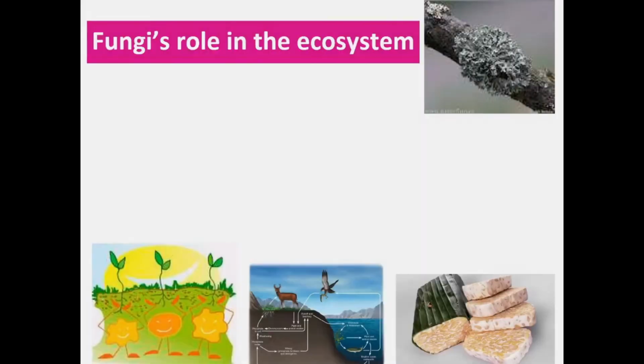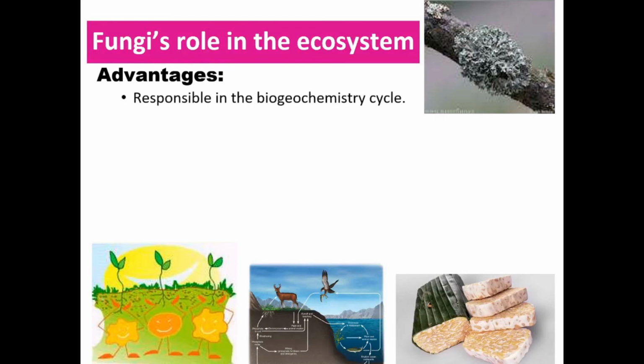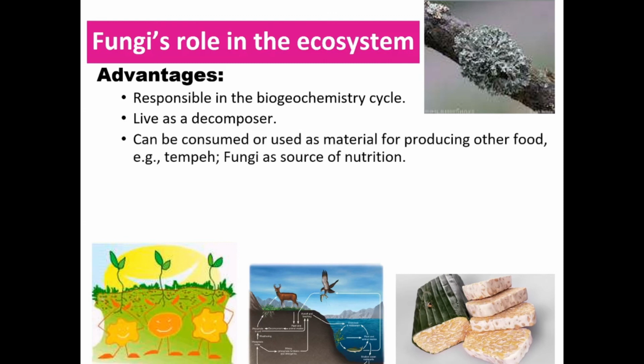Fungi have roles in the ecosystem. They give advantages to other organisms, such as being responsible for the biogeochemical cycle and living as decomposers, and they can be consumed or used as material for producing other food, such as tempeh.